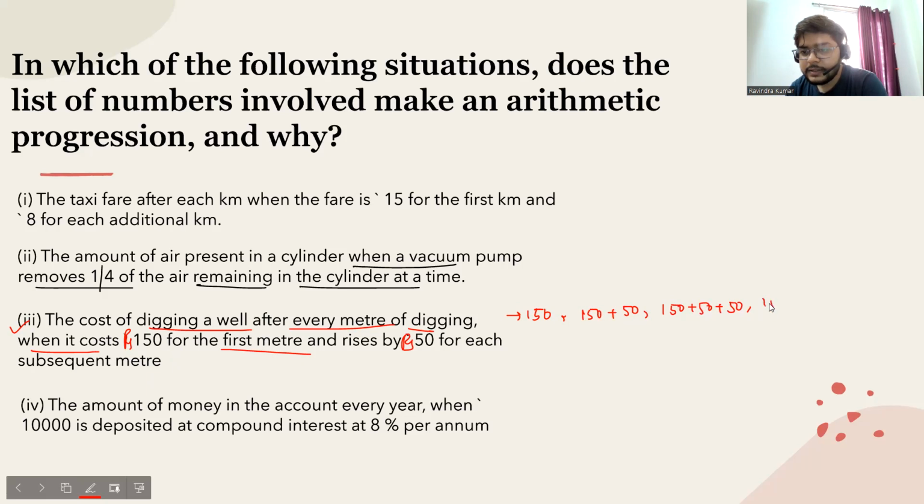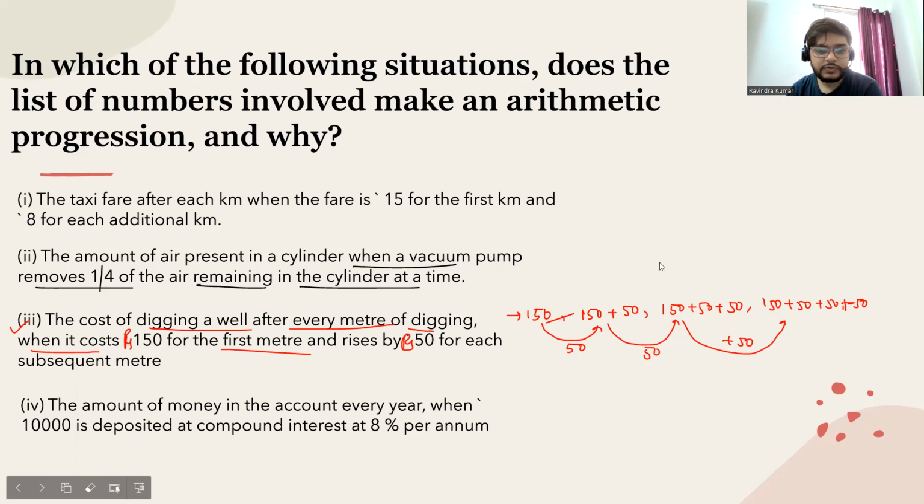And again, this same scenario repeats again and again. So we will easily identify that there is a common difference of 50, because we are adding 50 each time to get the subsequent term. I hope you understand this one also.